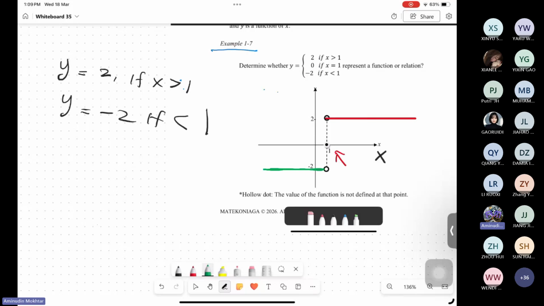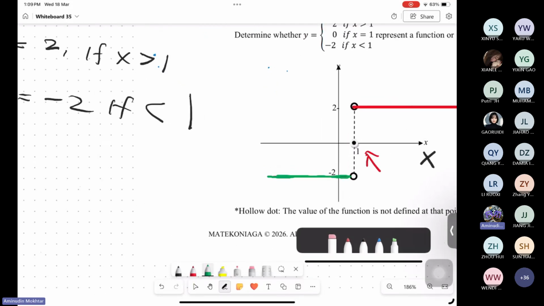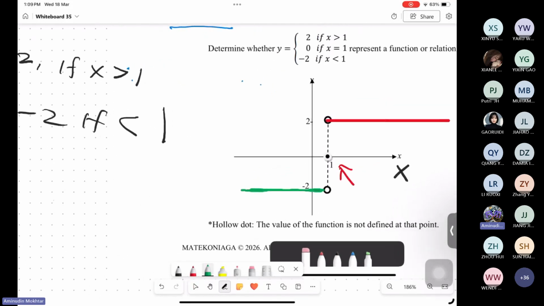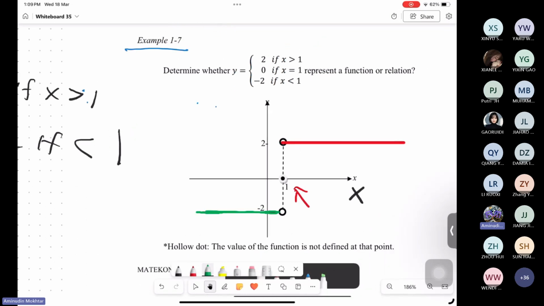But remember, we need to identify the dot for this type of equation. Normally there must be one coordinate point, one dot where x exists and y exists. This function says y equals 2 only if x is greater than 1, and y equals -2 only when x is less than 1.